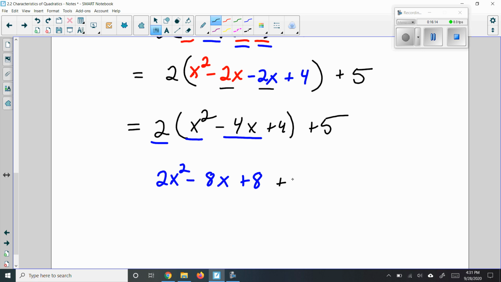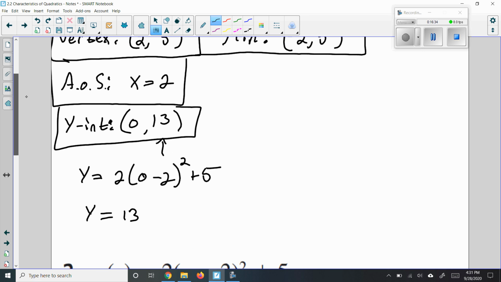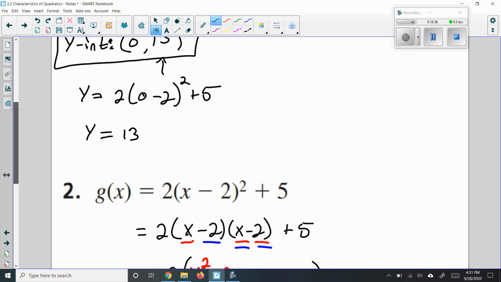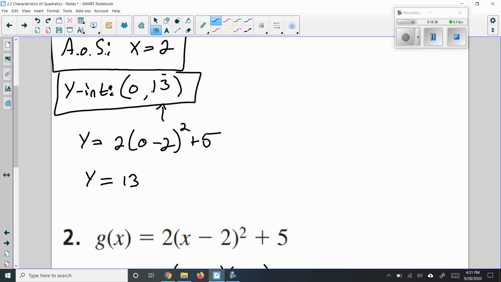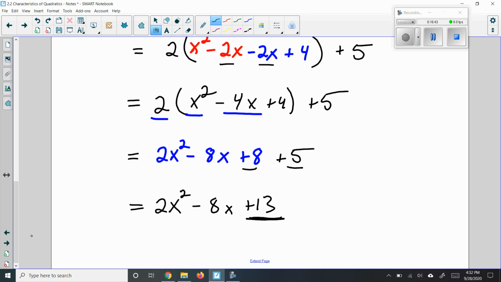And we still have this plus 5 at the end. So our last step is to combine like terms one more time. So 2x squared minus 8x plus 13. And I'm happy because this is our y-intercept, and that matches our y-intercept up here. Okay? So this is standard form.